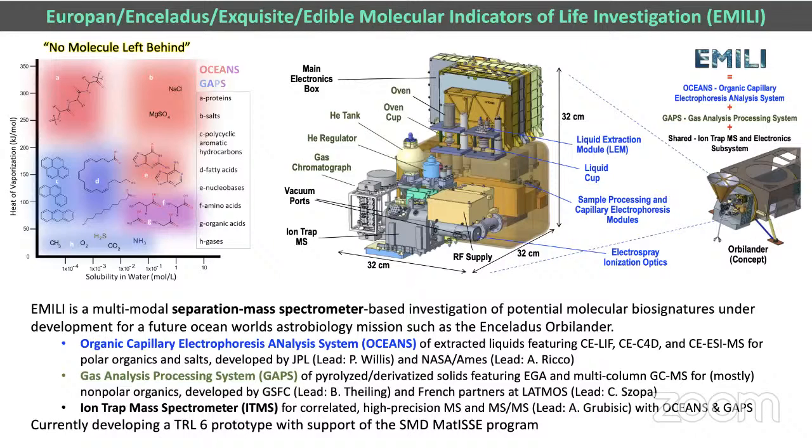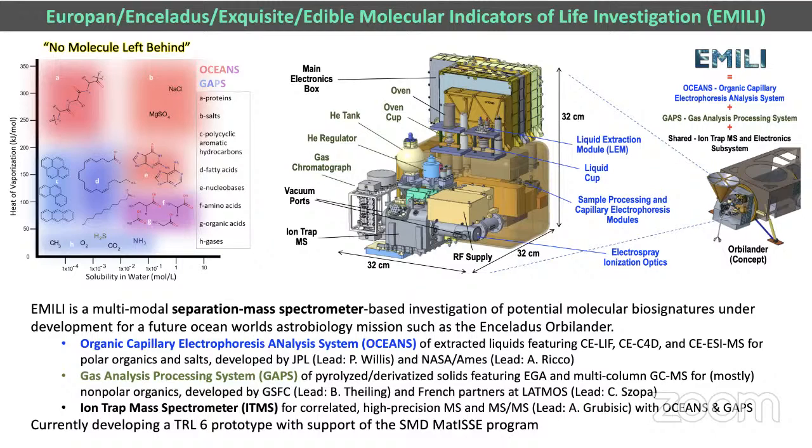To say no molecule left behind, really it means there is a phase space of potential molecular biosignatures and the contextual organic chemistry. And that means that you want a complementary set of techniques that allow you to see polar and non-polar compounds and volatile and non-volatile compounds. So that's more or less what's shown there.